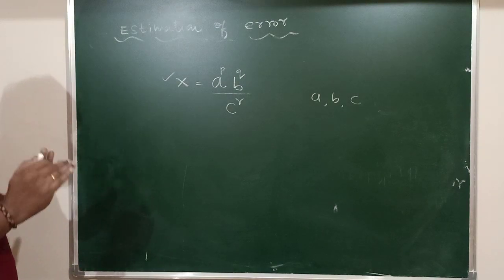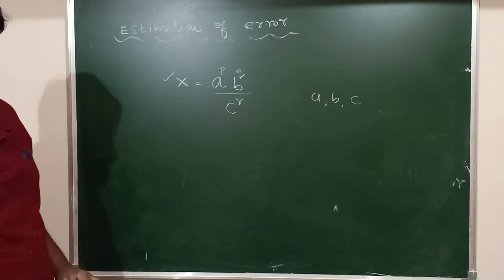What is the maximum possible relative error in the measurement of x?